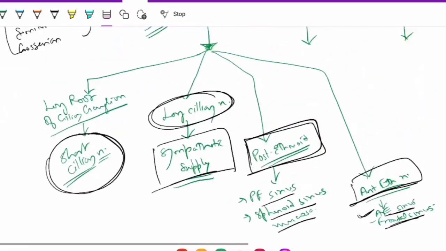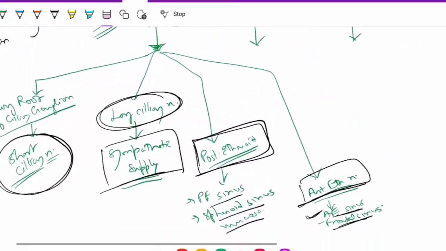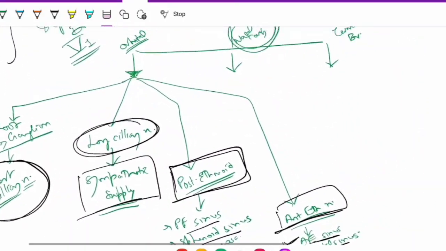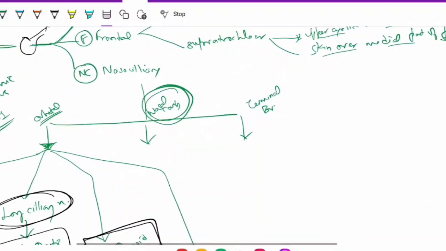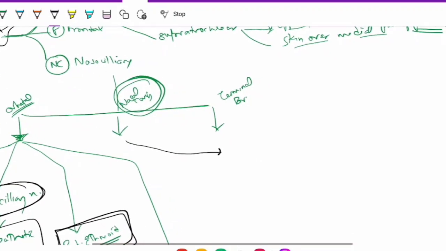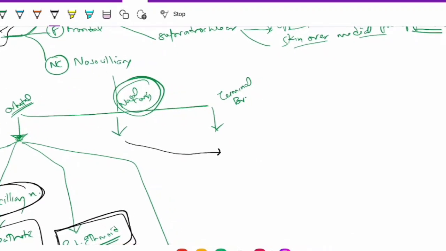So now we will see what is going on at the nasal cavity level. At the nasal cavity level, your anterior ethmoid continues. So what does it do? It gives off two branches: external nasal and internal nasal.